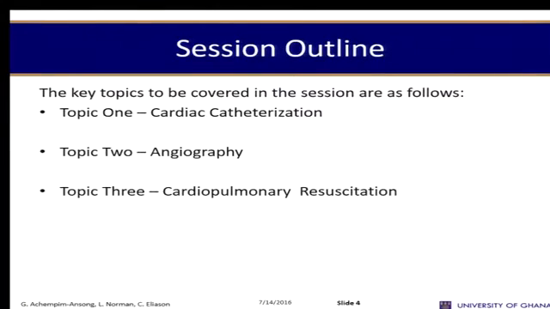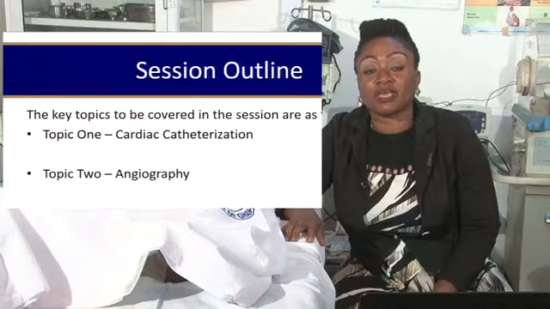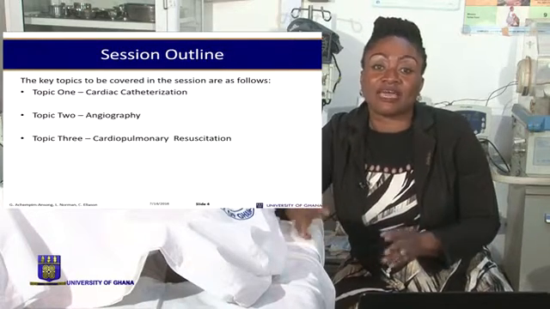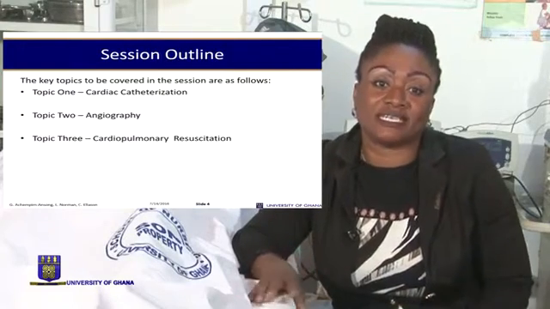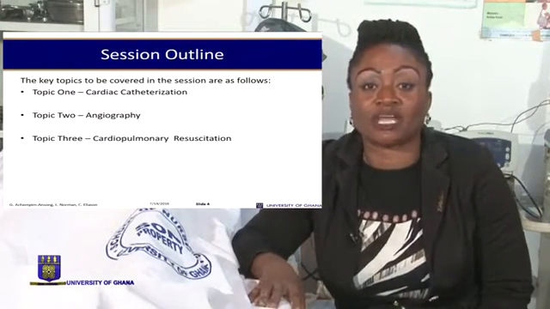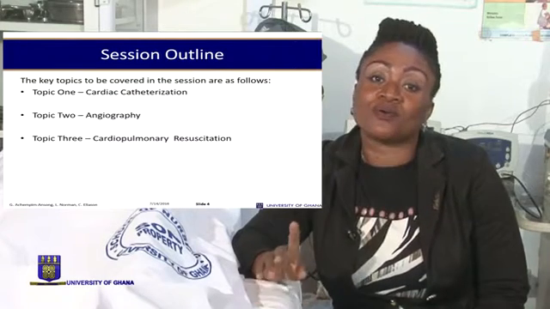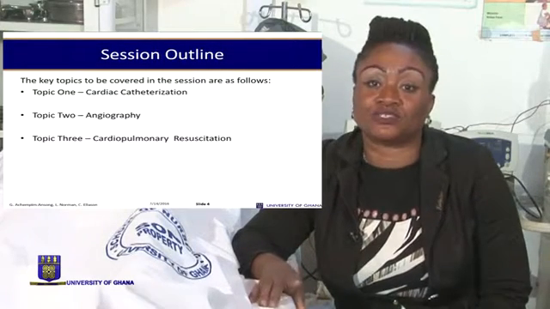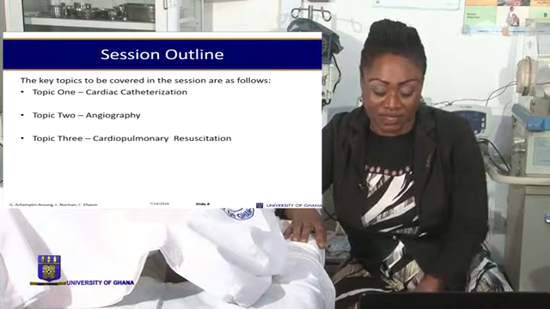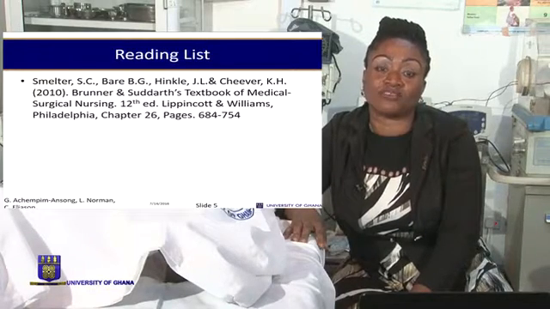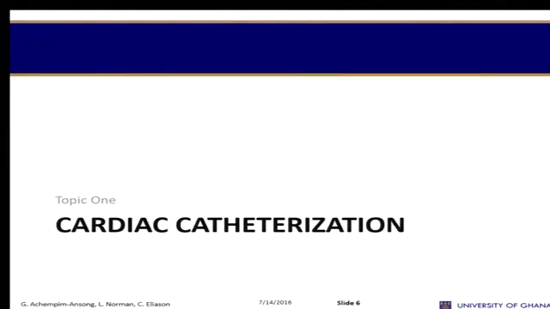We'll also be looking at the second one, which is angiography, but angiography and cardiac catheterization go hand in hand. Cardiopulmonary resuscitation, remember, was treated. We also showed you a video on that in NURS 337, so I refer you to watch the video and then revise cardiopulmonary resuscitation.